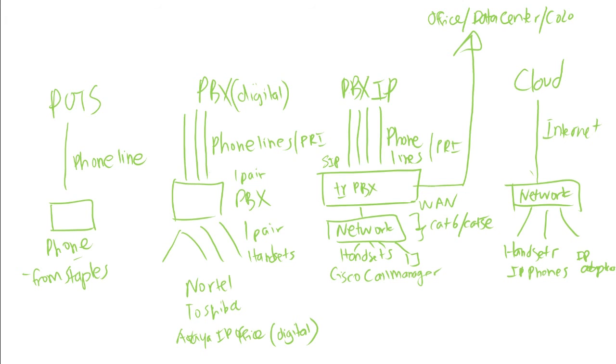But basically, this device is hosted locally. So in all of these cases where you have a PBX or cloud, you have a single point of failure. And you want to eliminate that.